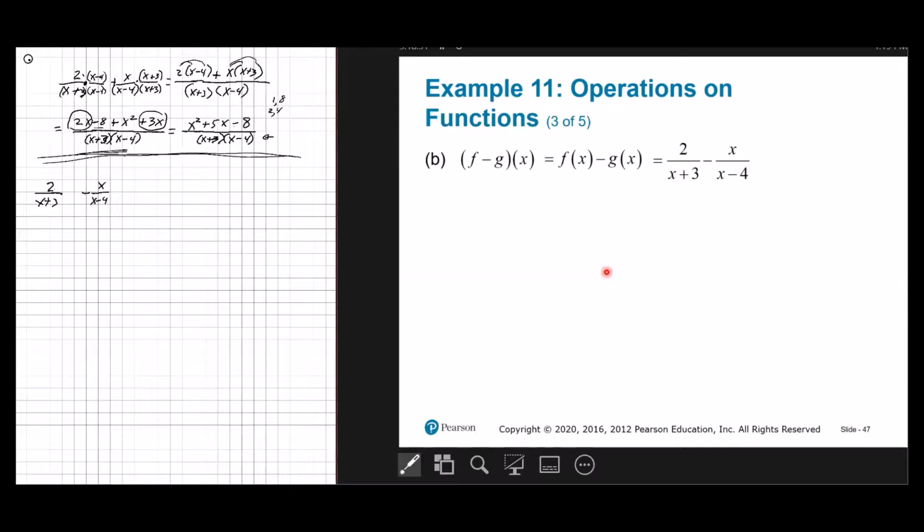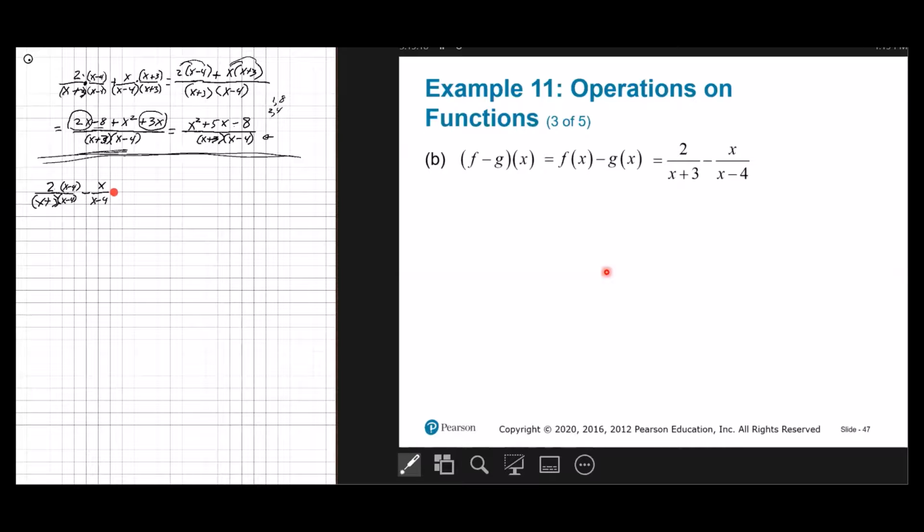Subtracting and adding fractions, the initial thing is to get the same denominators. So we're going to do the same thing we did up here when we were adding. So I'm going to multiply this fraction by x minus 4 divided by x minus 4, right? We're multiplying by 1. Multiplying by 1 doesn't change what it is, it just changes what it looks like.